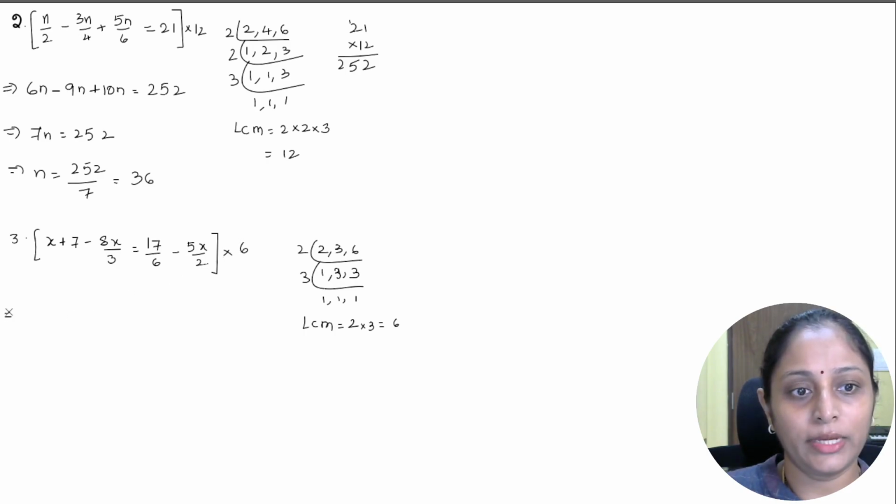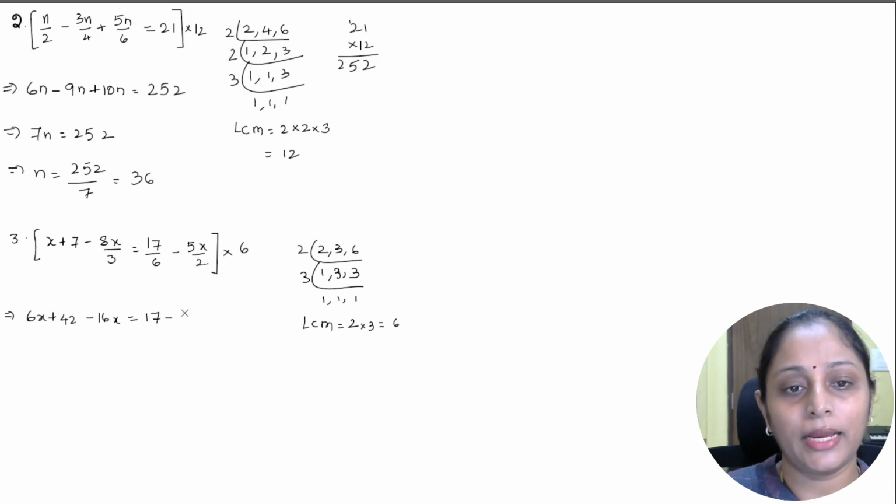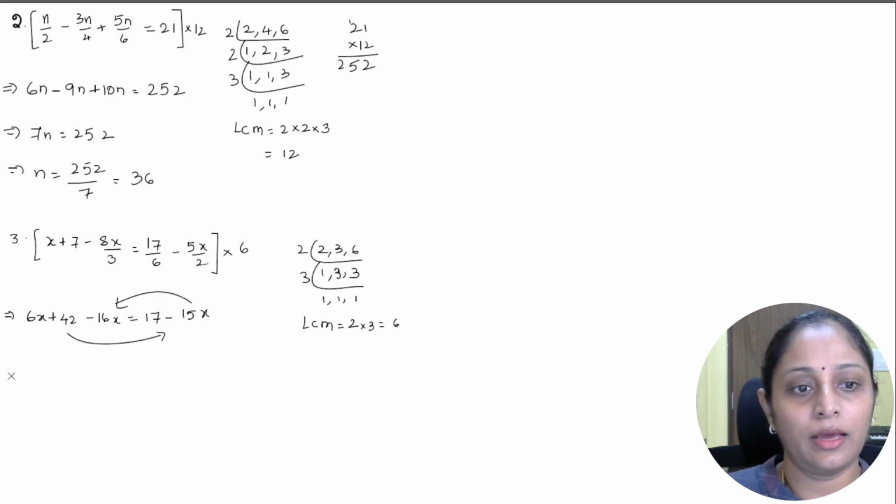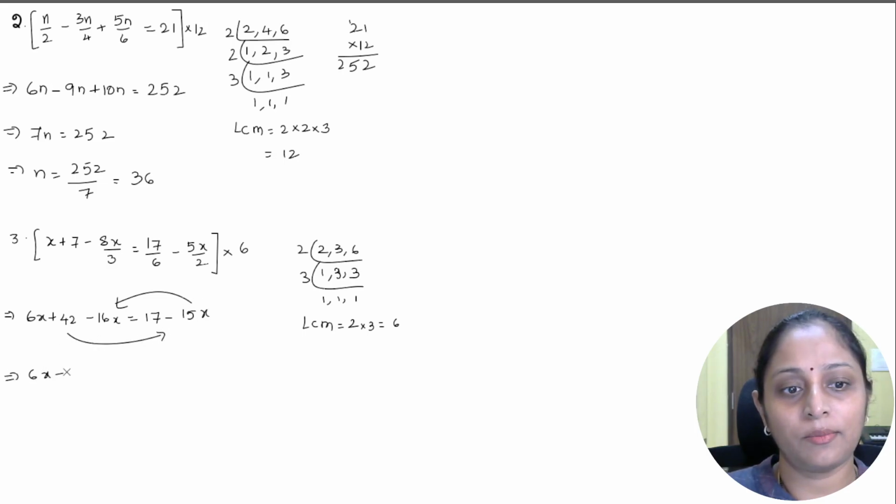So I'm going to get 6x plus 42 minus 16x is equal to 17 minus 15x. Now I'm going to use the transposition. I have 6x minus 16x plus 15x is equal to 17 minus 42.